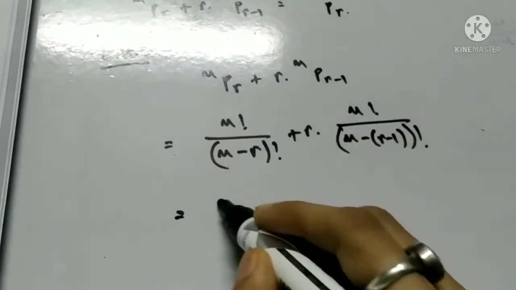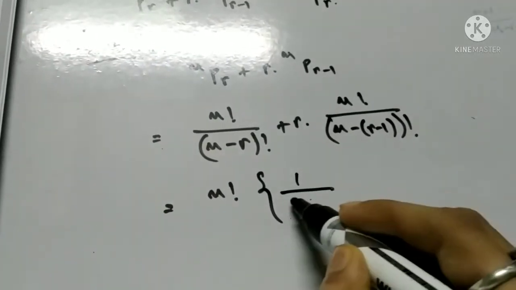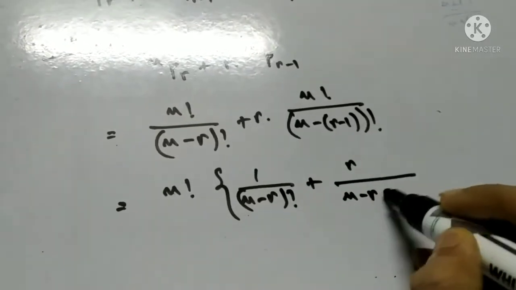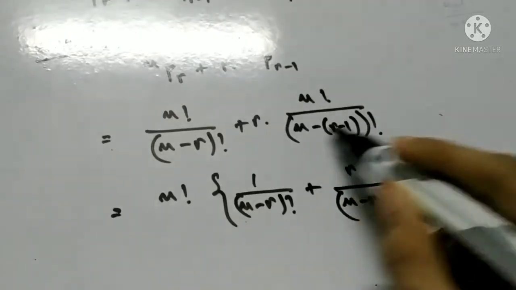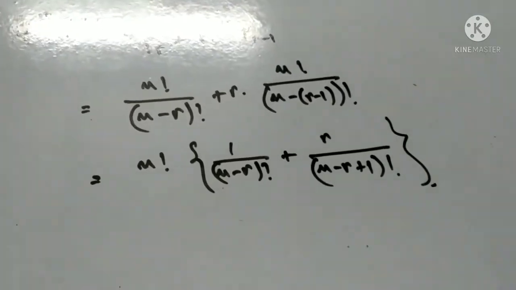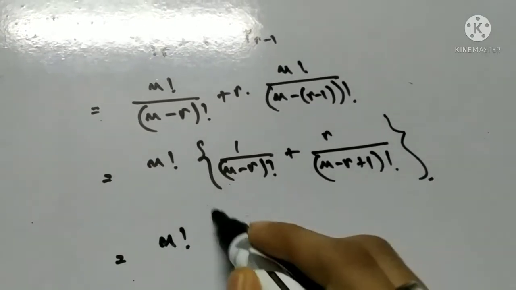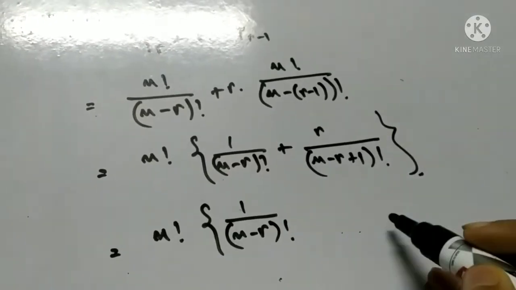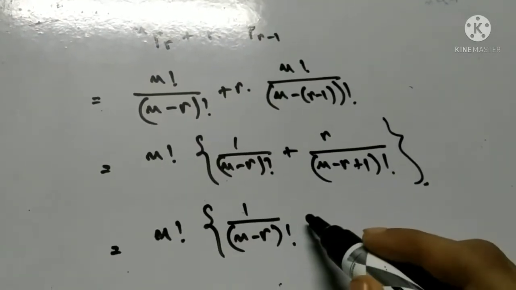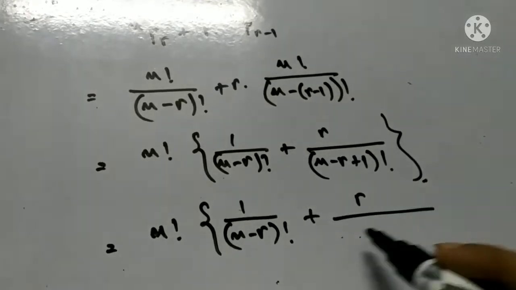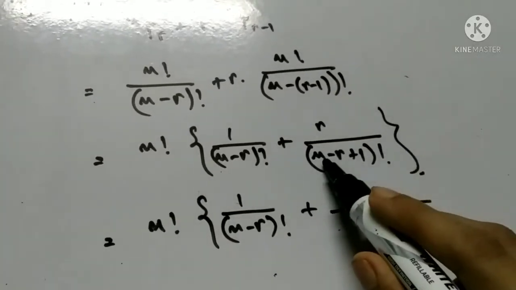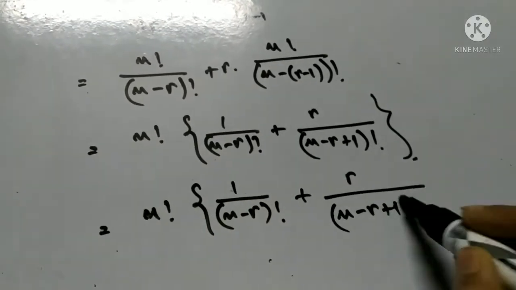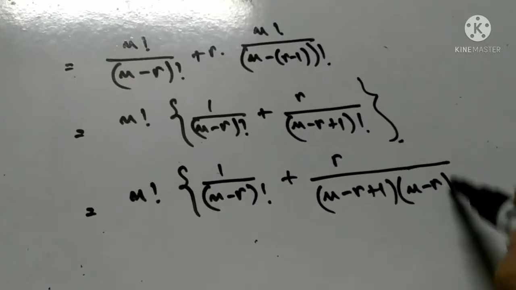Finished. Now from here I will take n factorial common. So this is 1 by (n minus r) factorial plus r by (n minus r plus 1) factorial. Now here you see n factorial times 1 by (n minus r) factorial plus r by (n minus r plus 1) into (n minus r) factorial.